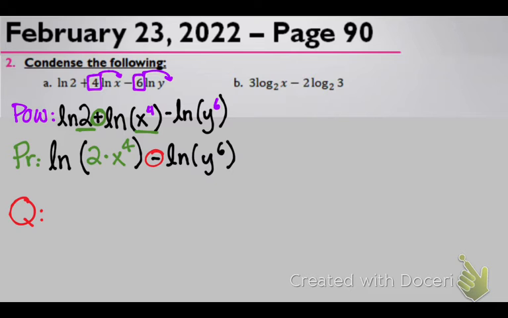That subtraction sign tells me that I'm going to want to divide that argument, 2 times x to the 4th, by the argument after the subtraction sign. So my quotient rule tells me I have 2x to the 4th divided by y to the 6th.